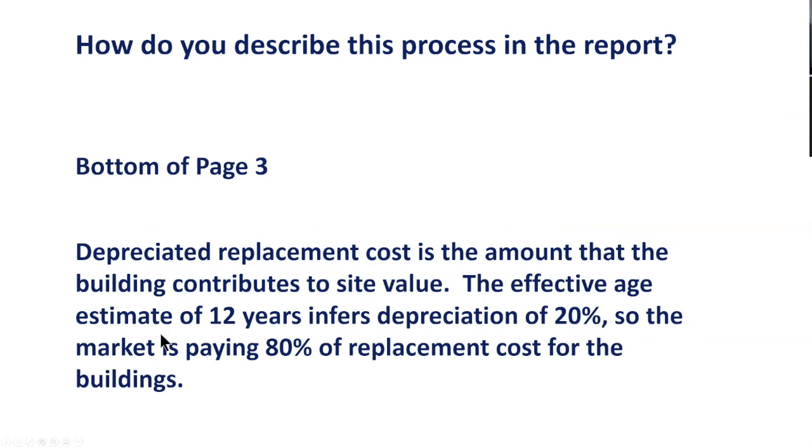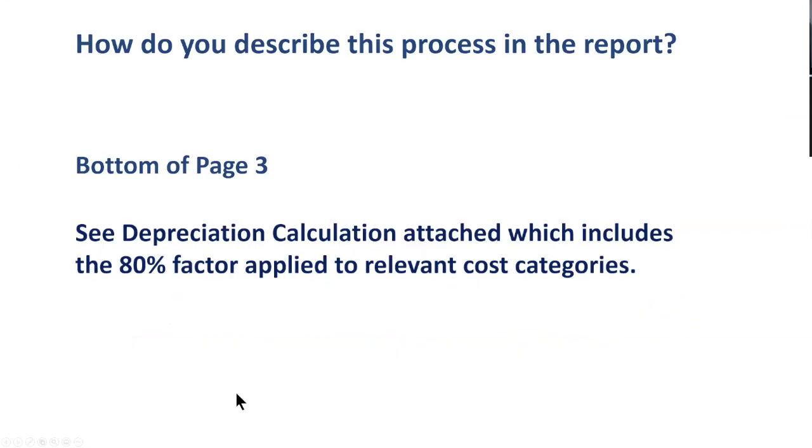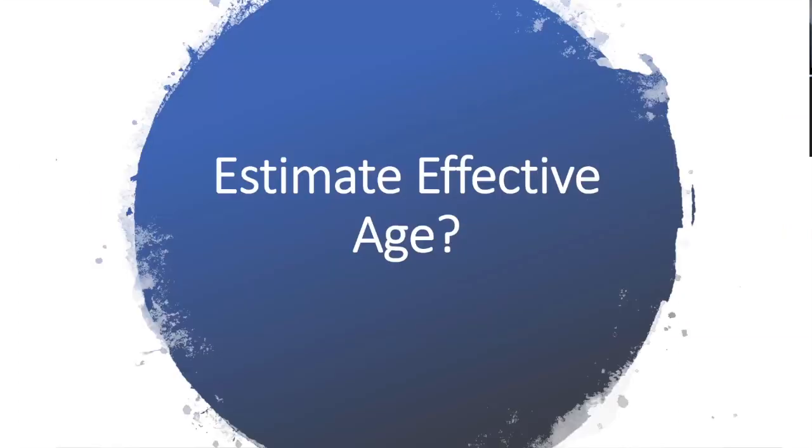So this must be a 60-year life house if 20% is 12, right? And then seeing the depreciation calculations attached, which includes the 80% factor applied to the relevant cost categories. And then I'll just put a screenshot of a page from the software that's all completed. So is it legit to estimate effective age?